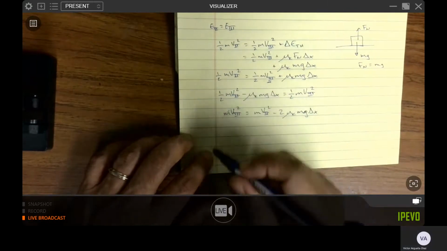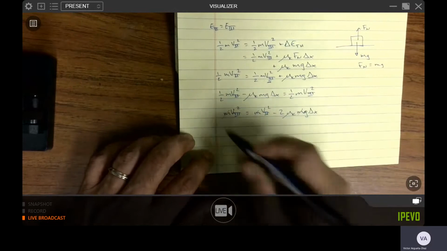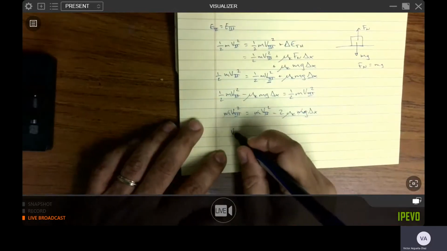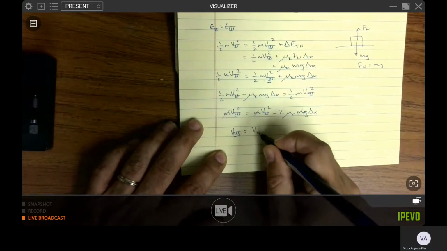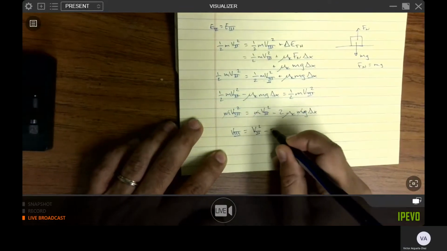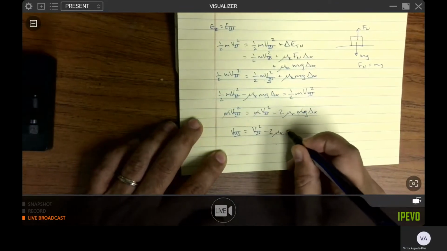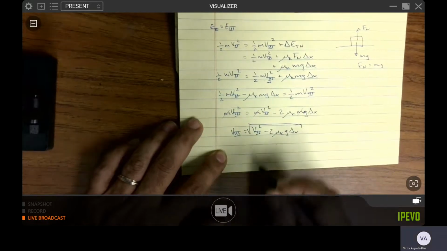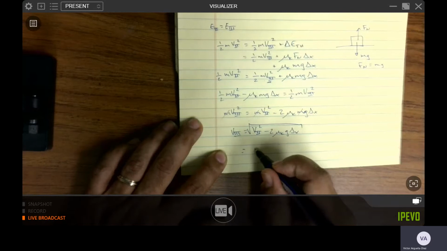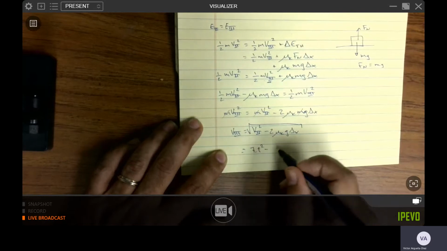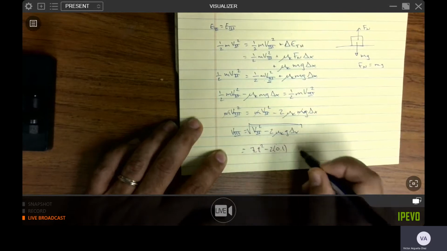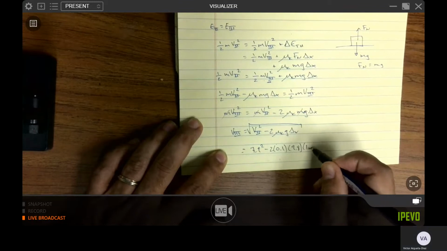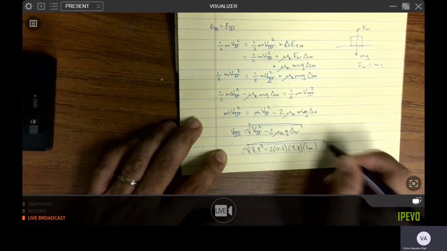I can get rid of the masses, so I've divided everything by the mass, and obviously I will need to take the square root. Okay, and then I can substitute values. So here it will be 7.9 squared minus 2 times 0.1 times 9.8 times 1 meter, square root of all that.